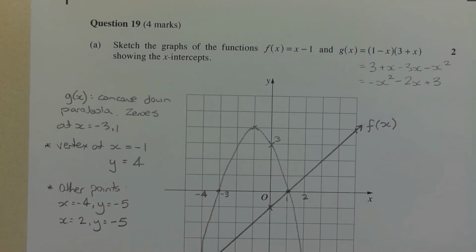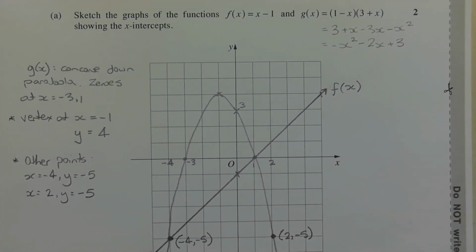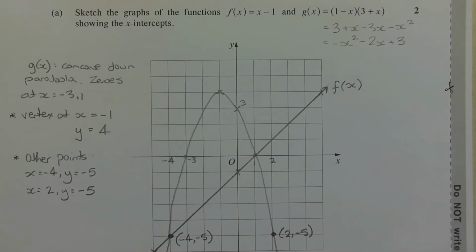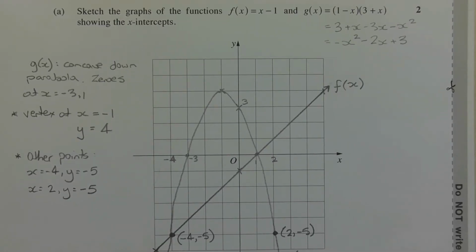So let's have a look at some other clues. It'll be nice to locate the vertex of the parabola. Okay, we've already established that it's concave down. We've already established that the zeros are at negative 3 and 1. So here and here. Now the vertex is midway, or at least the x-coordinate of the vertex is midway between the two zeros.